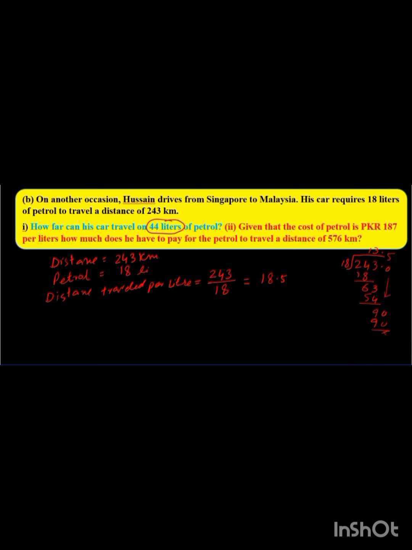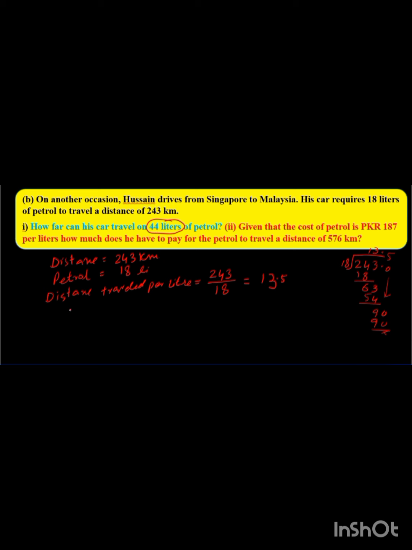So I erase it and do it again. So the answer is 13.5. So distance traveled per liter is 13.5. Now we find how much his car traveled on 44 liters.